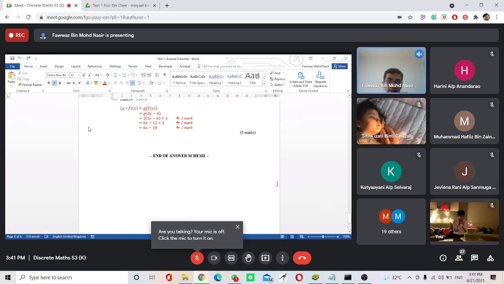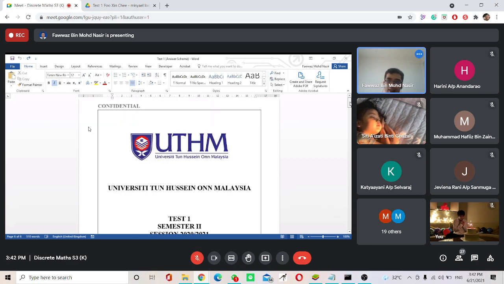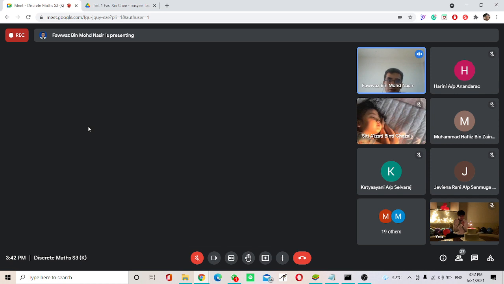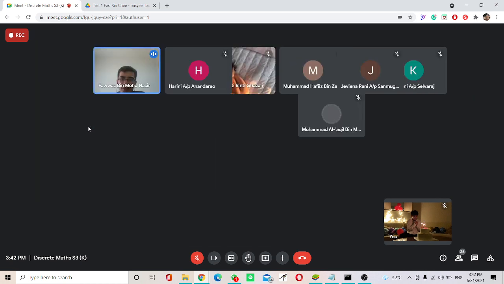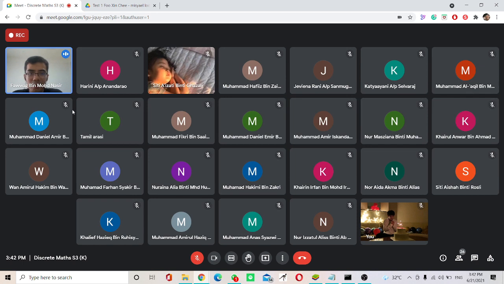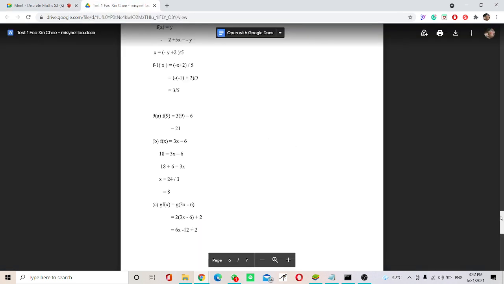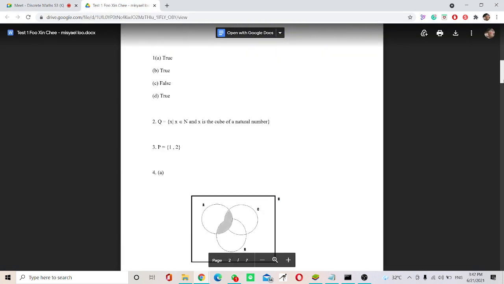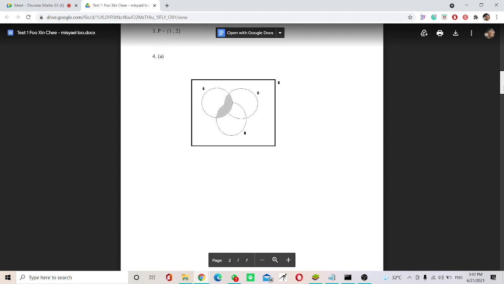So basically test 1 ni full mark dia adalah 50 marks and they contribute 10% to your carry mark. So kalau korang score this test, congratulations. But if you didn't score, don't worry.